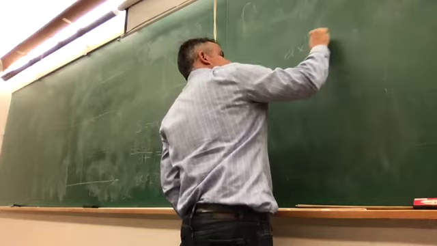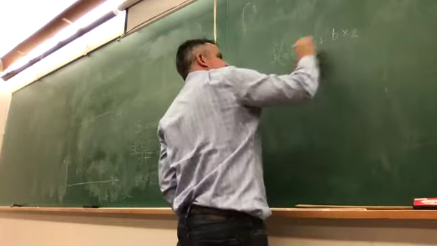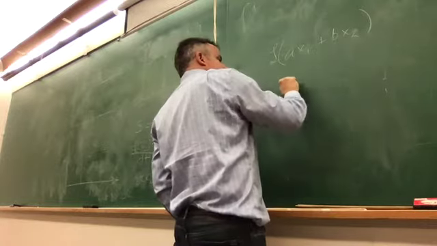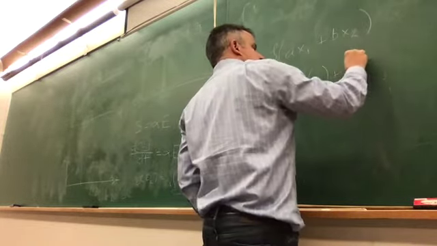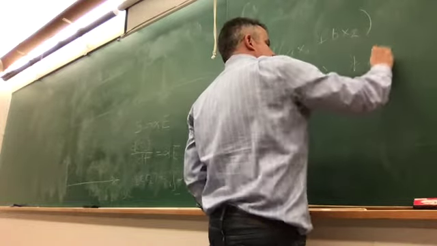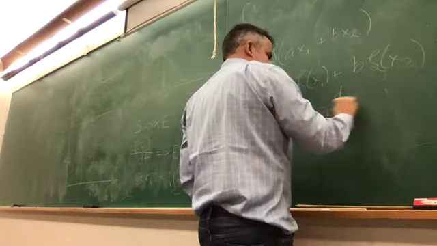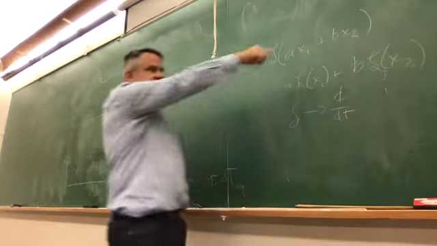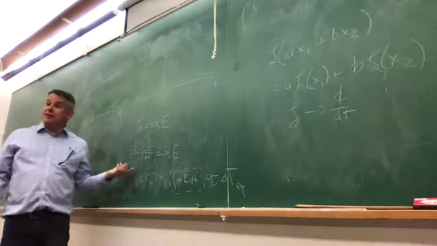A times x1 plus b times x2. A linear operation on that is equal to a times L(x1) plus b times L(x2). If L is d/dt, does it do that? Yeah, so differentiation is linear.